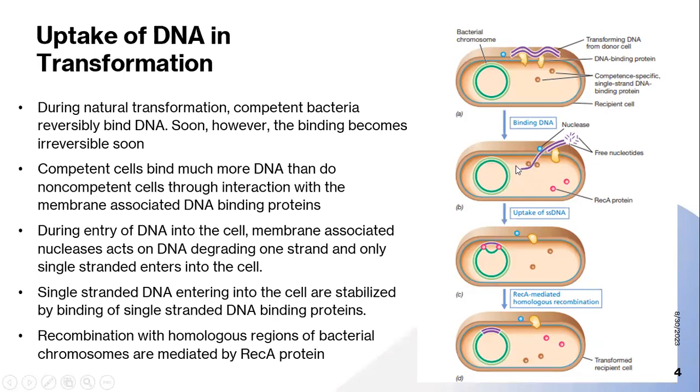As soon as it enters inside the bacterial cell, it is coated by single-stranded DNA binding proteins, which prevent its degradation and stabilizes it. During the last step, recombination reaction is mediated by a RecA protein that will lead to generation of transformed bacterial cell.